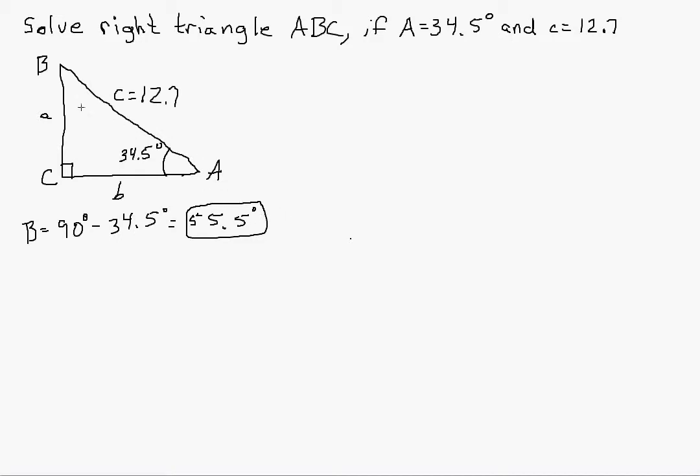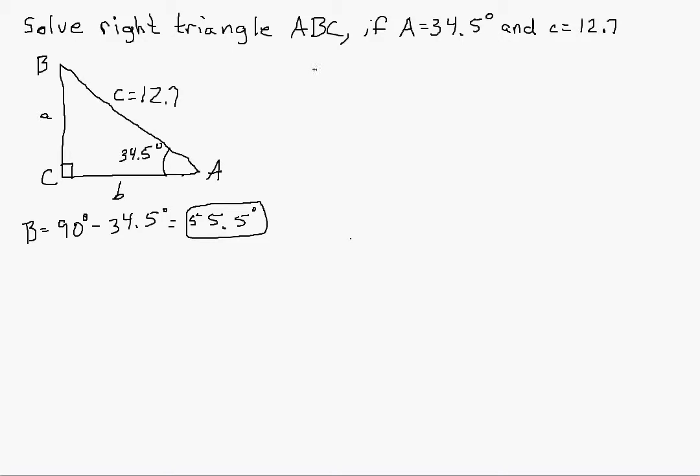Now, let's look at the sides. Let's solve for side A first. If we wanted to, we could solve for side B first. It doesn't matter. For side A, we can see that side A is opposite angle A. So we're looking for the side opposite, and they're giving us the measure of the hypotenuse. Opposite over hypotenuse, that's the sine.